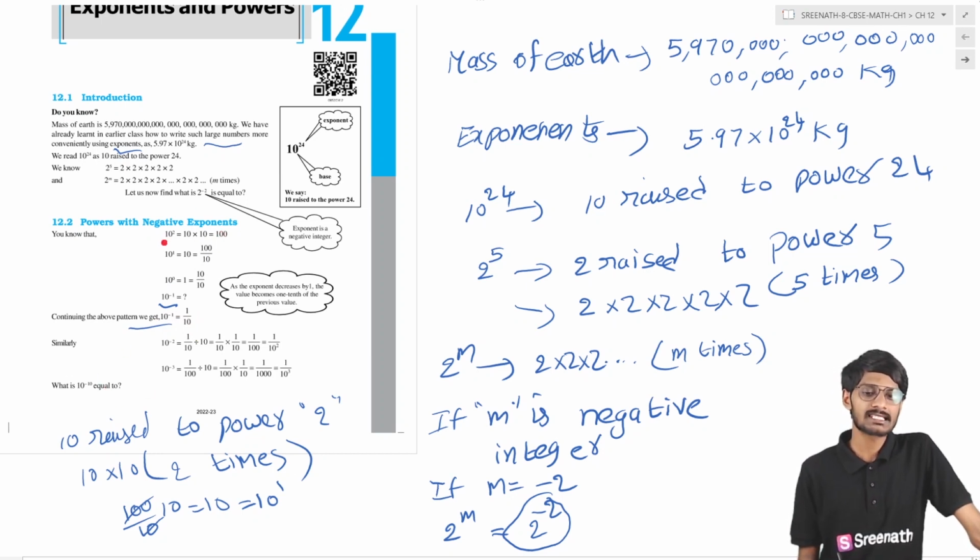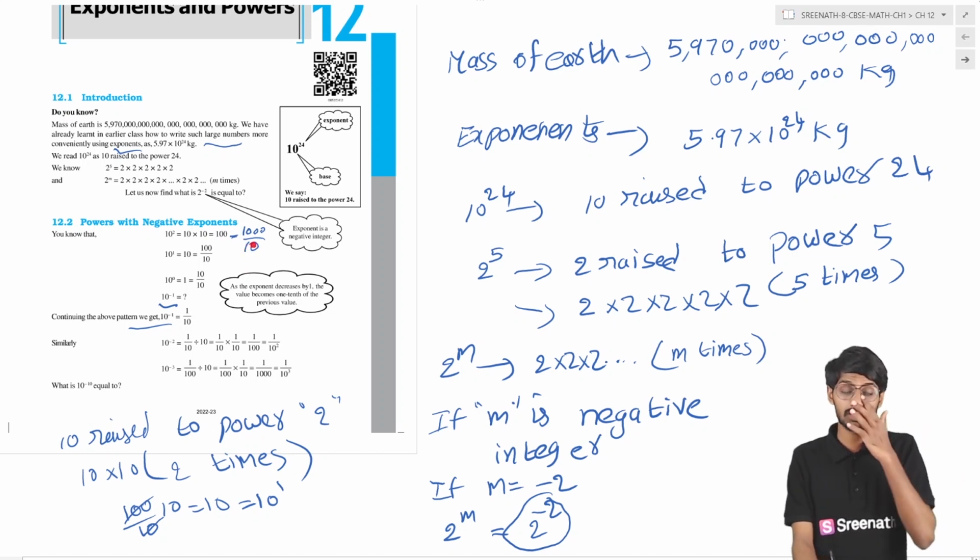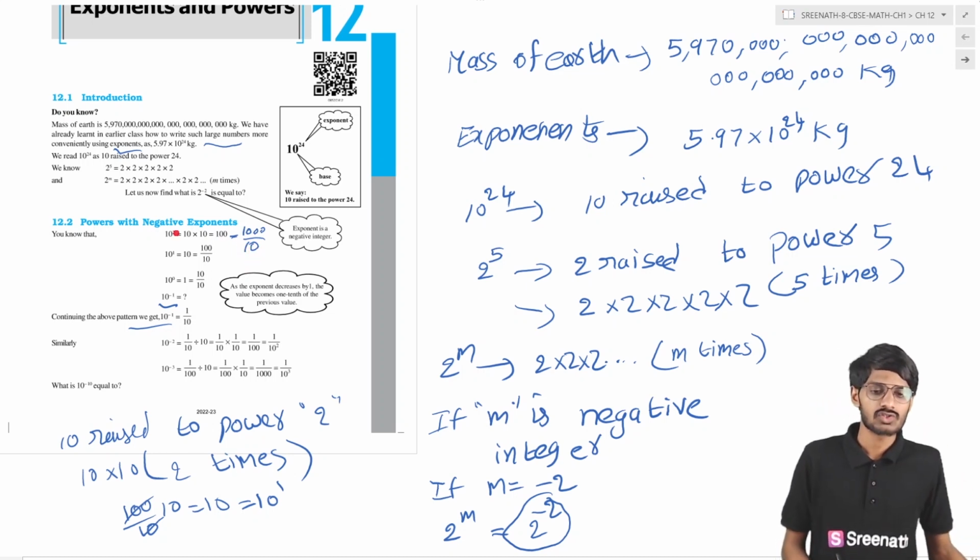So basically in this case, for 10 square the answer is 100. We can write 100 as 1000 divided by 10. So whenever there is 10 square, it is 1000 divided by 10.